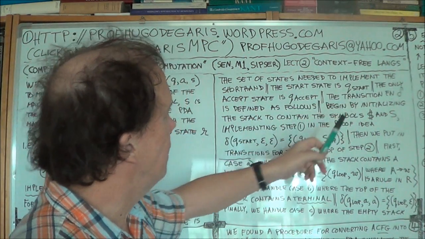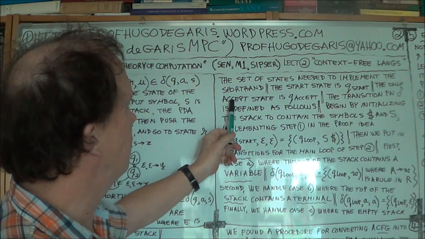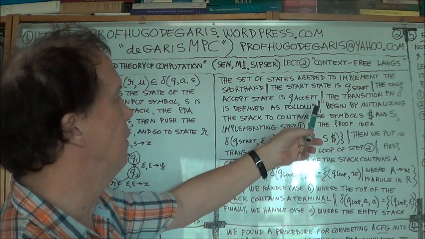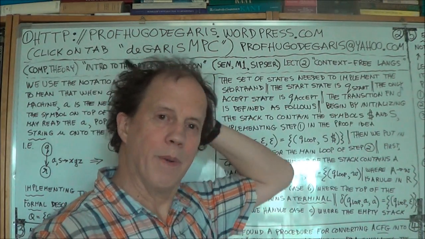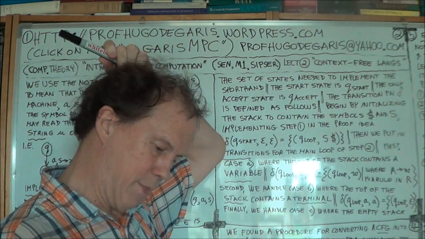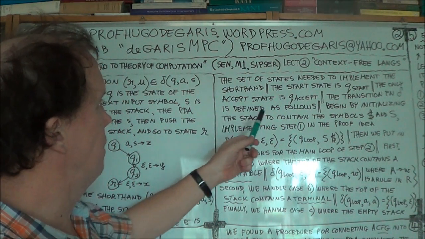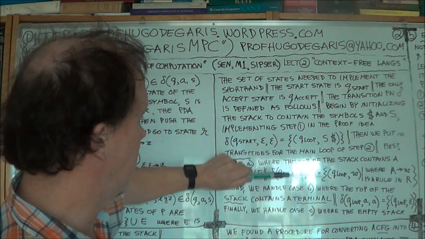Okay, start state Q start. It's pretty obvious. There's only one accept state. It's Q accept. Okay, that's all you need. Now the transition function. That's always the hardest part when you're defining a PDA. It'll come out of this.